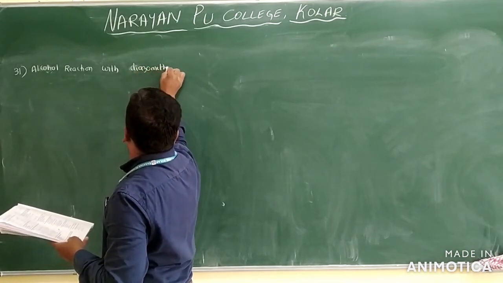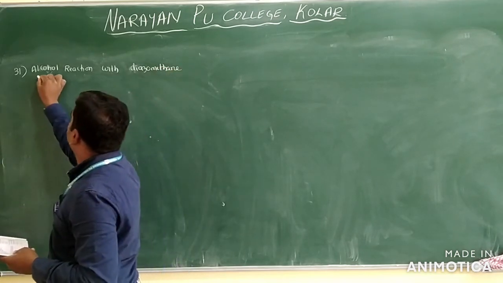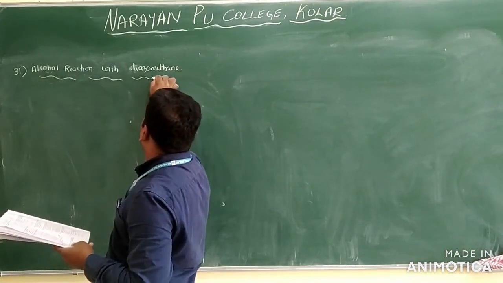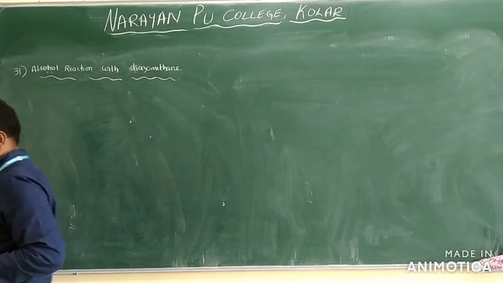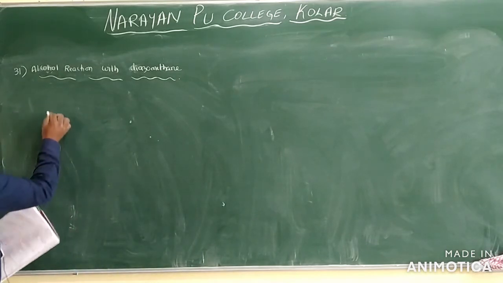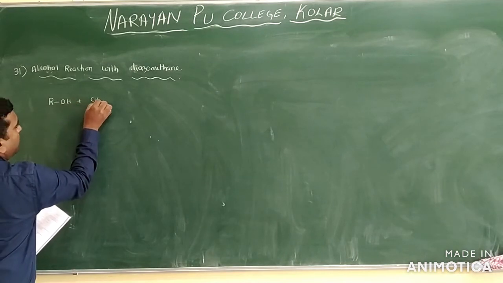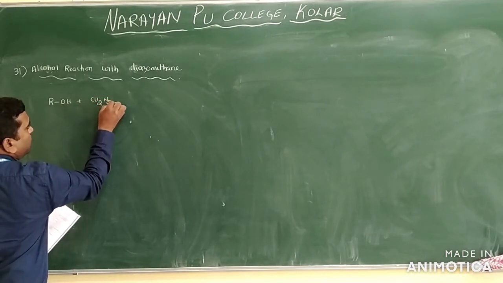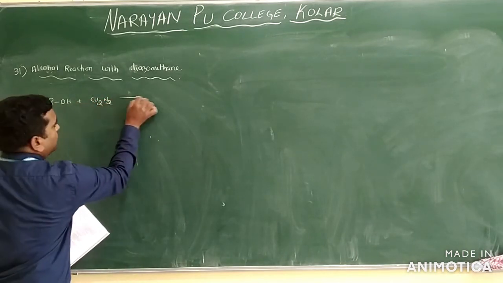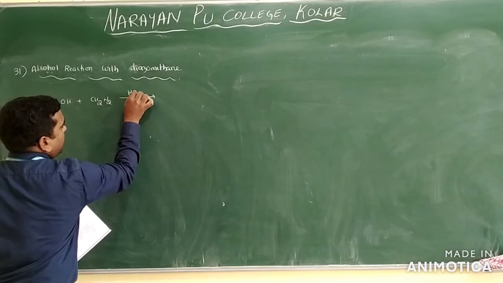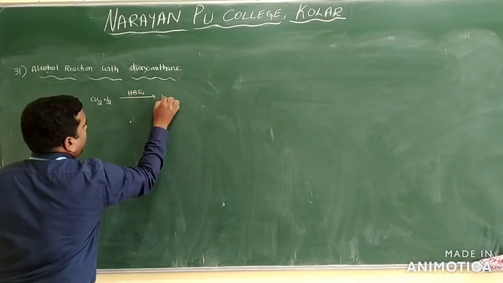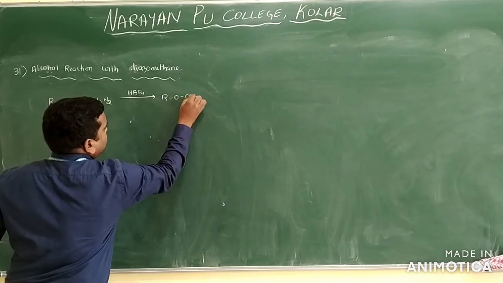This is one of the methods to prepare ethers also. Clear? So what is this one? You know alcohol means ROH. With diazomethane, CH2N2, in the presence of acidic medium, you will get the compound ROCH3.